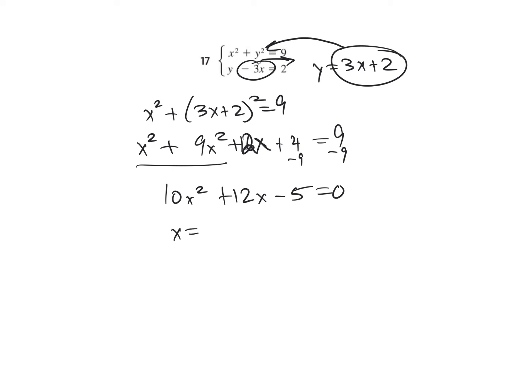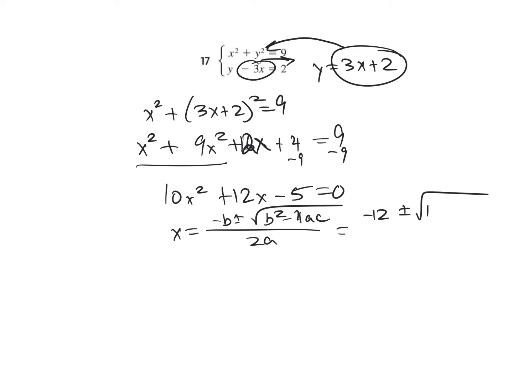So x equals negative b plus or minus square root of b squared minus 4ac all over 2a. Negative b is negative 12 plus or minus. 12 squared is 144 minus 4 times a times c is negative 5 times 2 times a, and you just do the calculation.